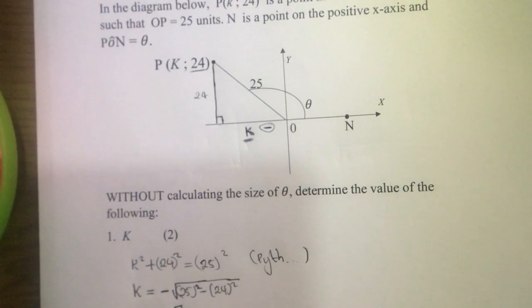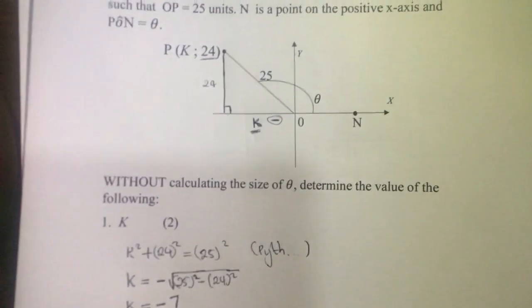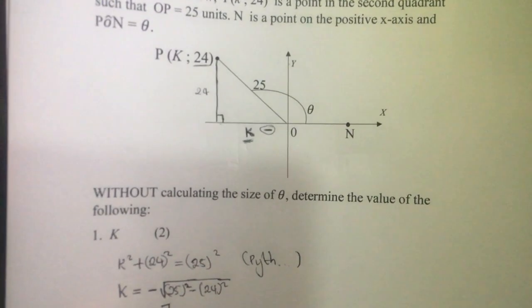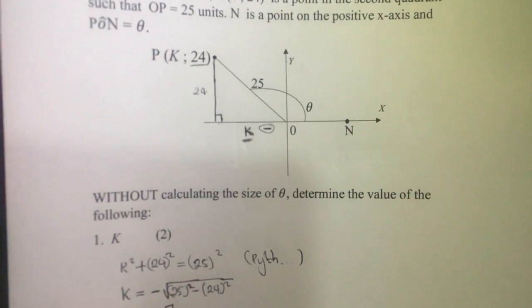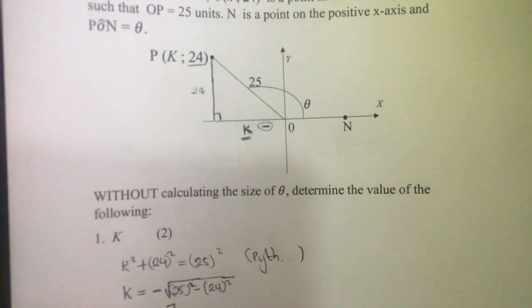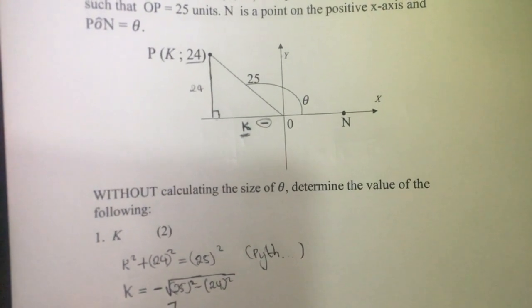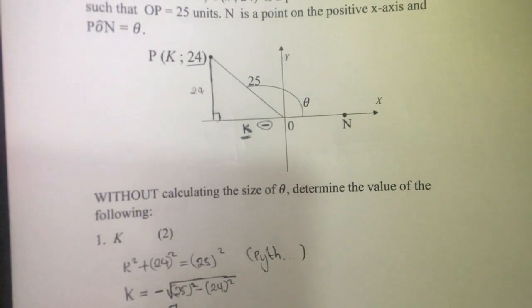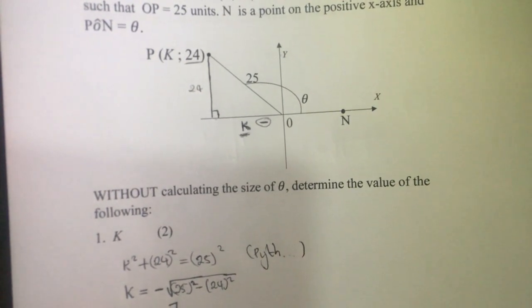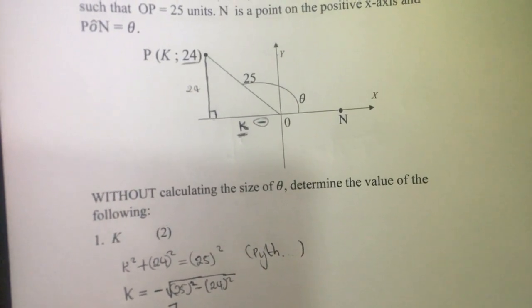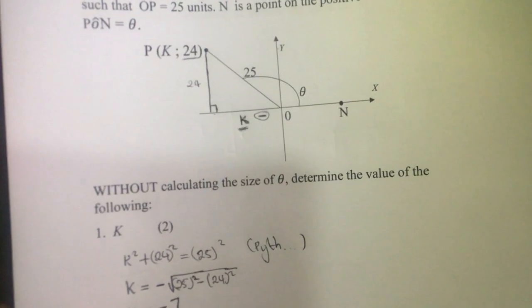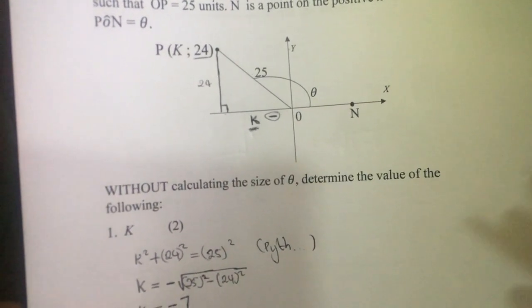So we have done the first example, where you just draw a right angle triangle. But in example 2, they just give you a Cartesian plane and you must complete a right angle triangle.